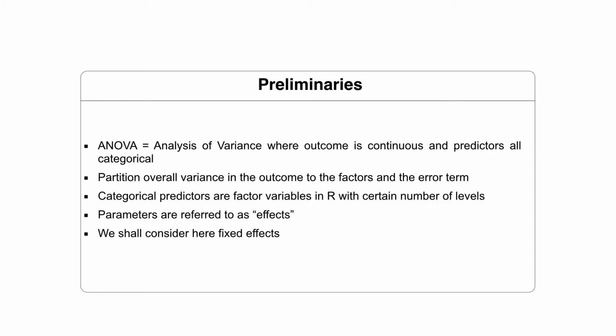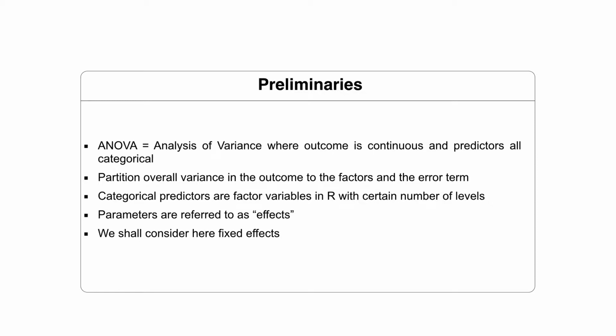The way that works is that in the one-way analysis of variance, there is an overall partitioning of the variance in the outcomes to the factors and an error term. So if we wanted to set up a regression equation, with all of these different factors, there would be some partitioning of the variance.